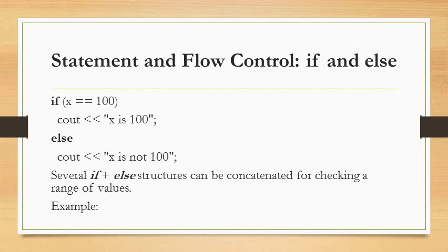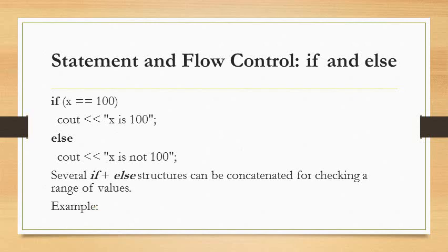Now that we've seen how the if works, we get the syntax for the if else. Now look at the example. If x equal to 100, cout x is 100. Else, cout x is not 100. If you look at the previous one, we don't have else, but this one we have else as part of it.